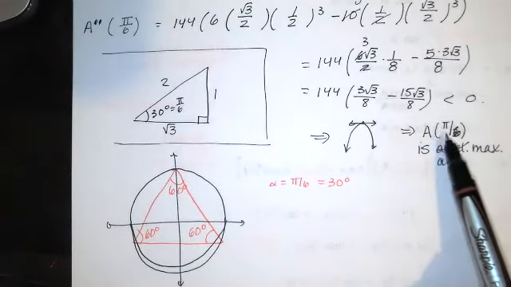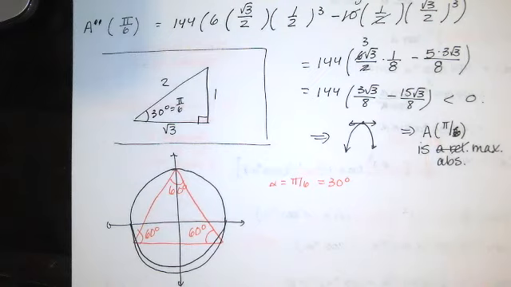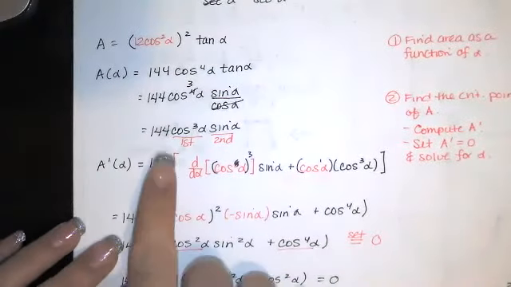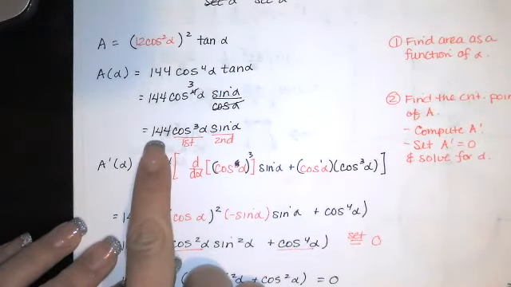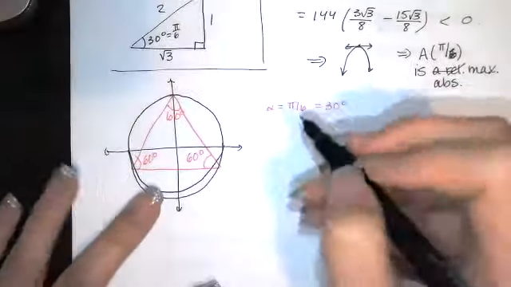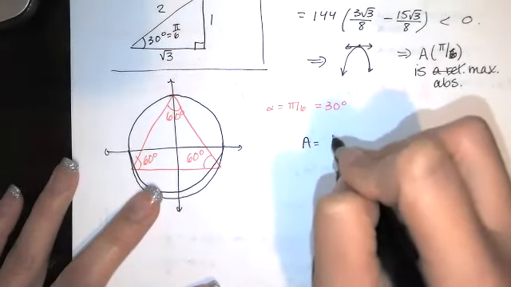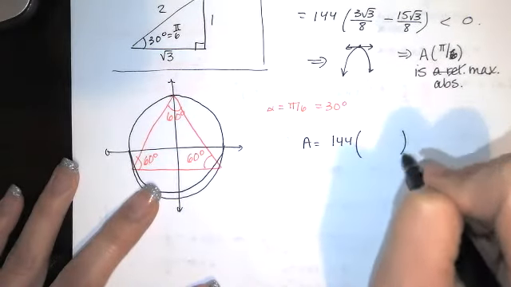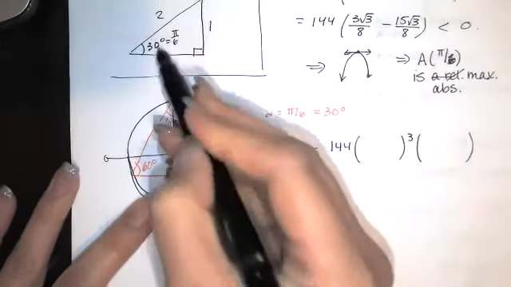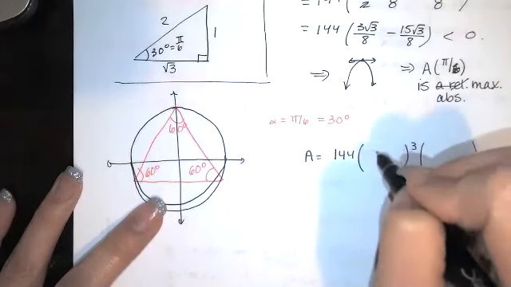Well, so I need to actually evaluate that area at pi over 6. Well, it's been a while. Where's that original area formula? Area was this, 144 times cosine cubed of alpha times sine of alpha. This is cosine cubed, and cosine is square root of 3 over 2.